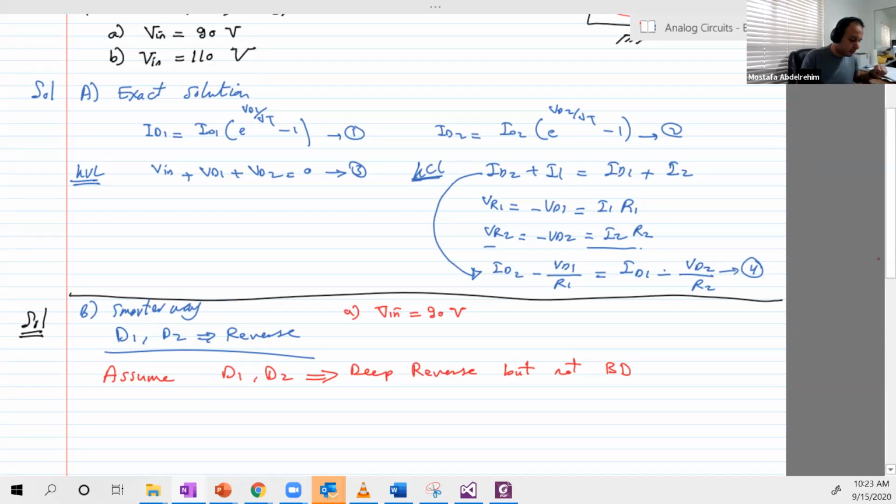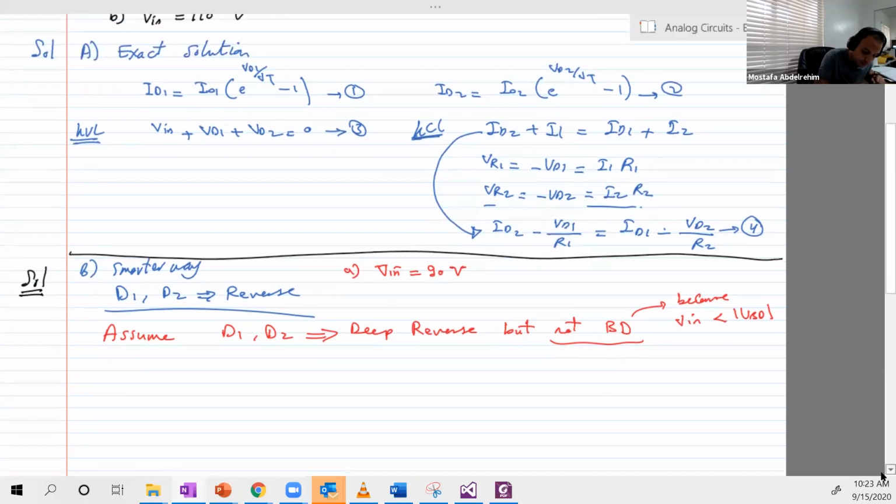So it's smarter here, based on the givens that the V input is just 90, to assume yes, they are reversed because they are reversely connected to the input, but not breakdown because the input itself is less than V breakdown, which is 100. Good. So let's approve or disapprove this assumption.